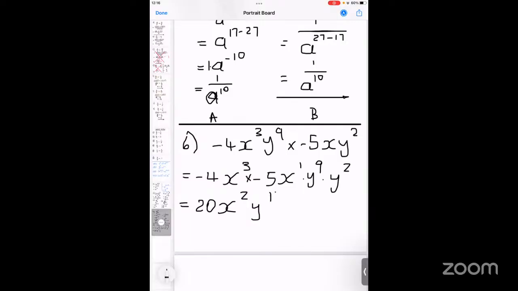Y to the power of 11. Okay. And the 20x to the power of 2 is not going to be 2. It's going to be to the power of 4. A minus.